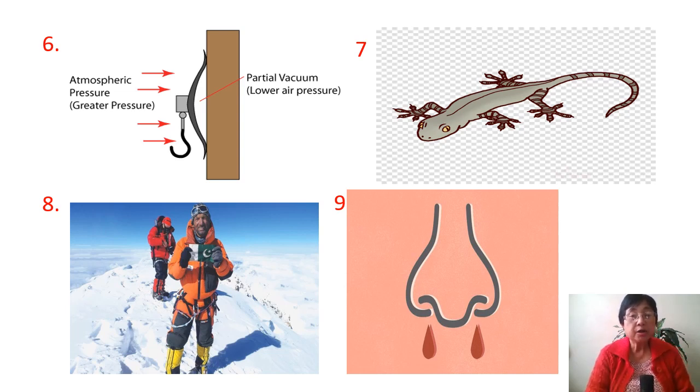Remember, I had mentioned just now that as we go higher with height, the air will become thinner, less dense, and then the pressure will also be reduced. As you go higher and higher, the pressure of the atmosphere will be reduced.